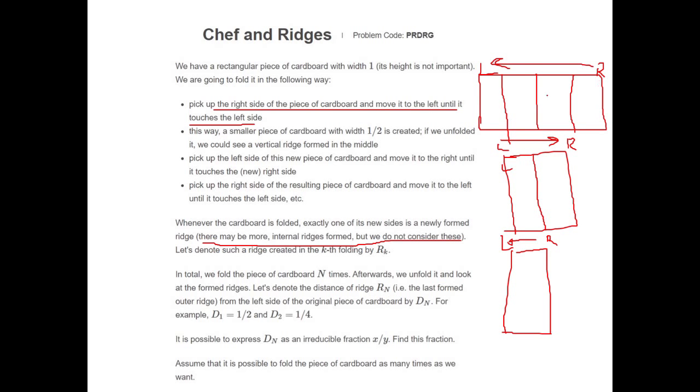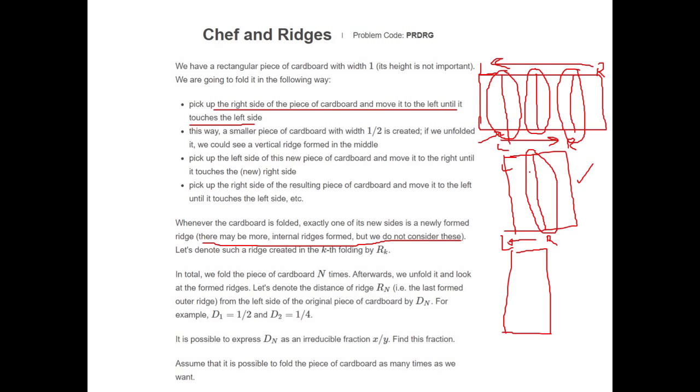So the problem statement is that when we fold it one time, there will be only one ridge. That is this one. When we fold it two times and then unfold it, we can see clearly there will be three ridges formed. So we will be taking this ridge because this is the ridge which is formed when we fold this.